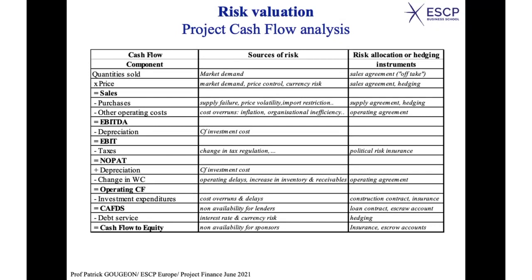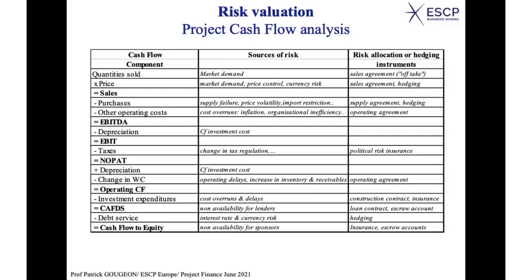You see, you have types of solutions. For instance, for the quantities sold, you can have a sales agreement, what you call an offtake contract. We'll see what it is later on with more detail. For the price, you have sales agreement also that can kind of stabilize the price. Okay, or you can use hedging with swaps and options or forwards and futures.